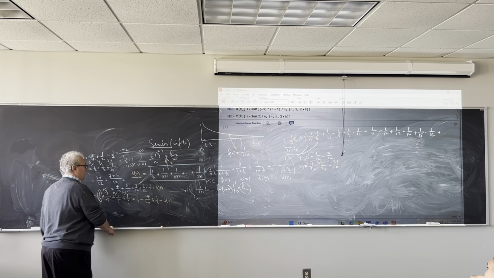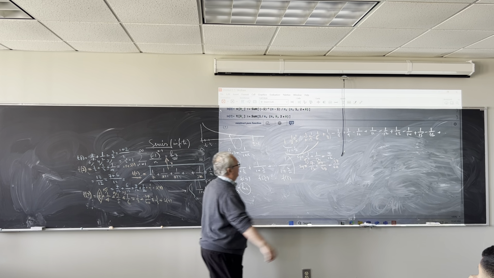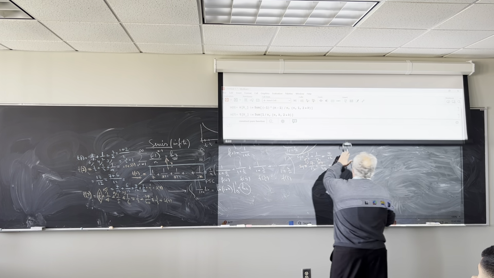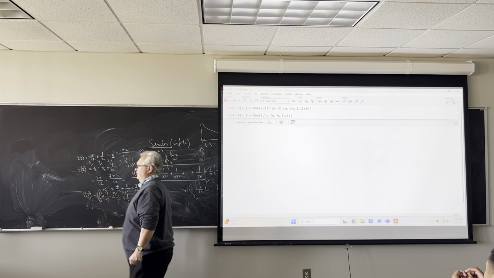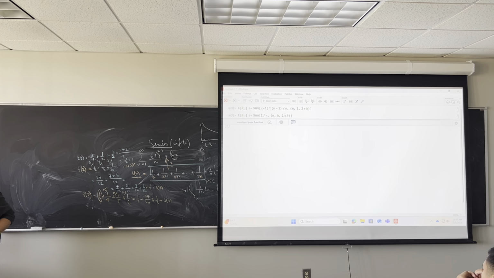So let's see if this actually is true for some big values of s and big values of t. So let's look at s of 10, for instance. It's a huge number, right? And t of 10.